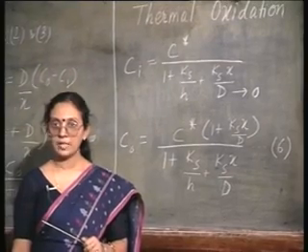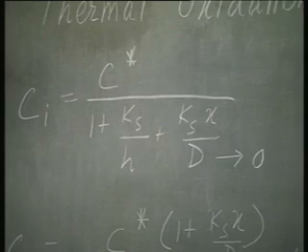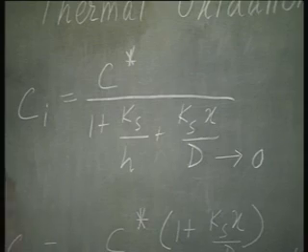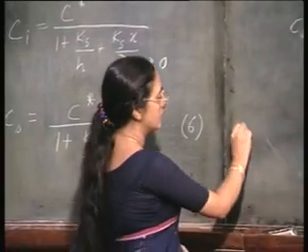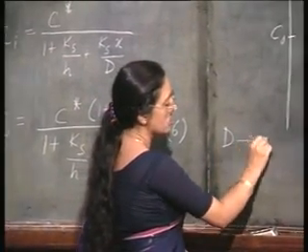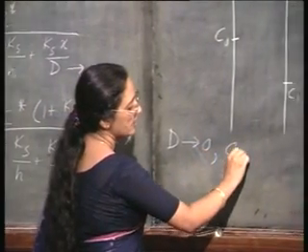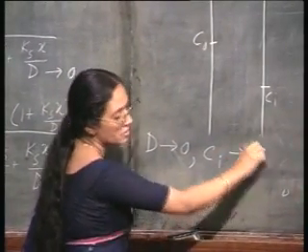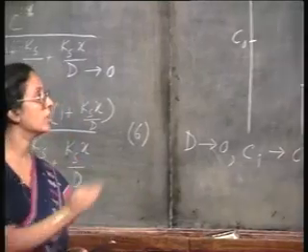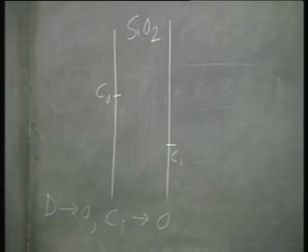Agreed? And therefore, Ci will become very small, Ci will tend to 0. So, case 1, that is when D tends to 0, Ci tends to 0. In other words, I have a case like this.